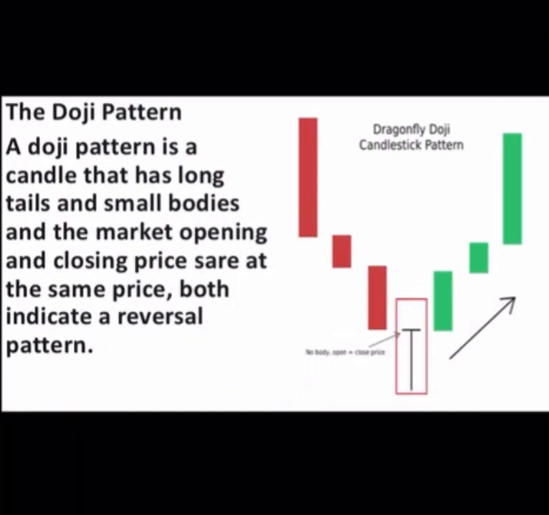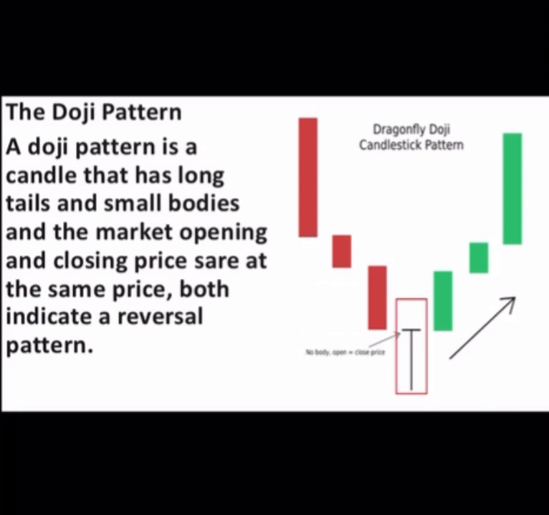We are making progress. Then the next kind of candlestick we have here is called the doji pattern candlestick. As you can see, it's made up of a lower shadow, which we call shadow or wick or tail, and a smaller body.